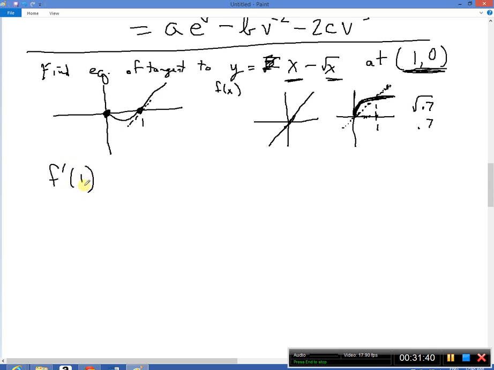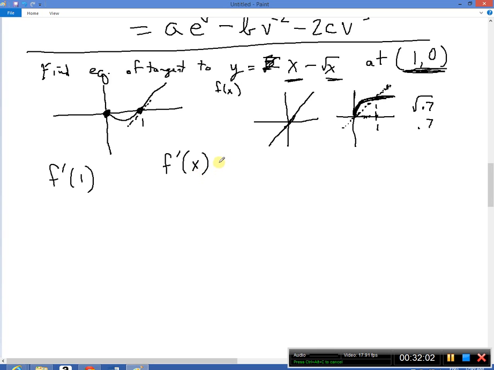Now this is a little bit weird. I could find the derivative of f at 1 using the definition, limit as h goes to 0, blah, blah, blah. But I'm not going to do that. That's a lot of work and very painful with something like this. What I'm going to do instead is find f prime at x. This is the derivative at any x.